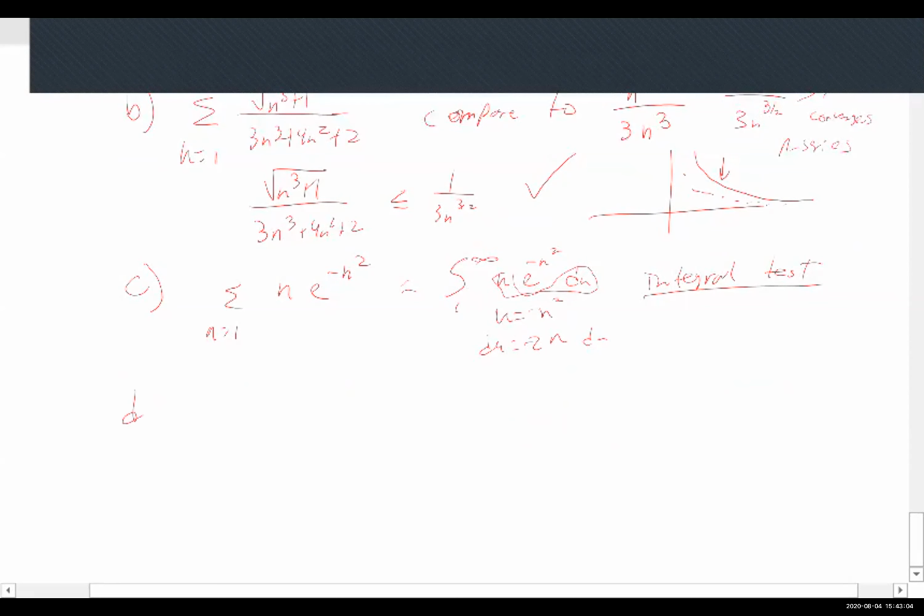Okay. What about D here? D. Oh, this one's an easy one. This one's a softball. Okay, negative 1 to the n cubed over n to the 4th plus 1. What do we do with this one?